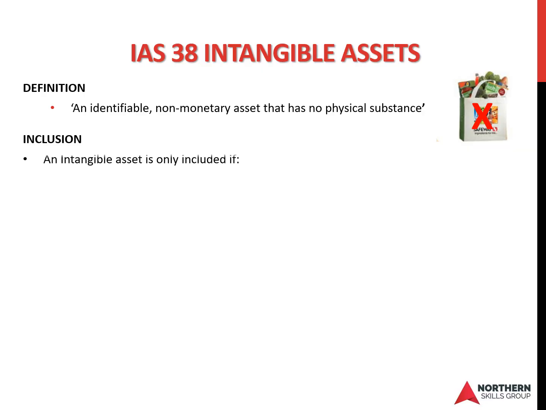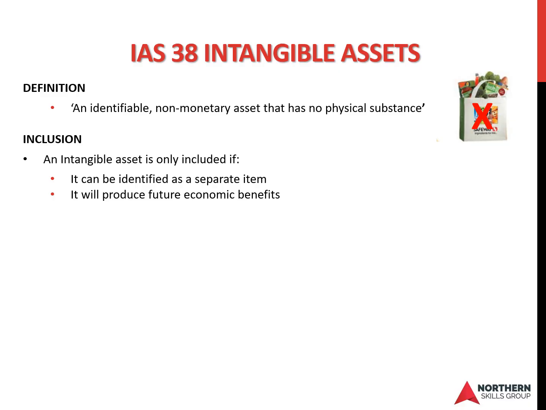We only include intangible assets if certain criteria are met. First of all, it's got to be identifiable as a separate item. In other words, it could be sold to someone independently from an entire business. It's got a life of its own, so it's a separate identifiable item.